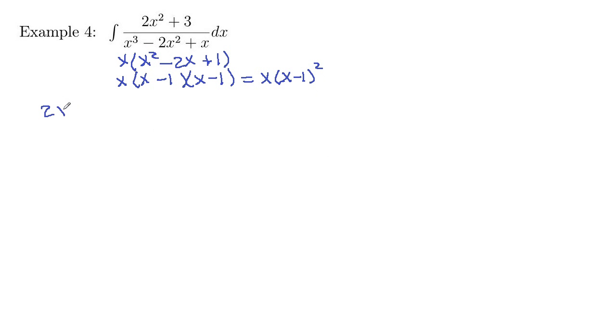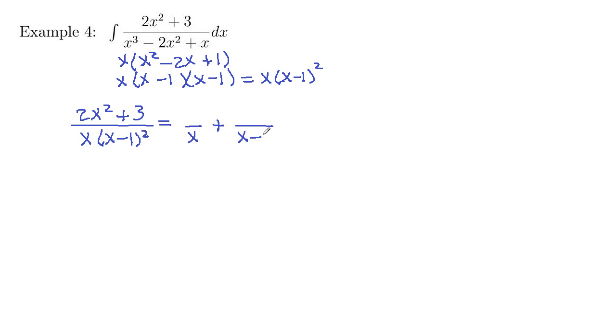our 2x squared plus 3 over x times x minus 1 squared, we want to write the general form of the partial fraction decomposition. So we'll have one term from the x in the denominator, and then we'll have two terms from the x minus 1 squared.